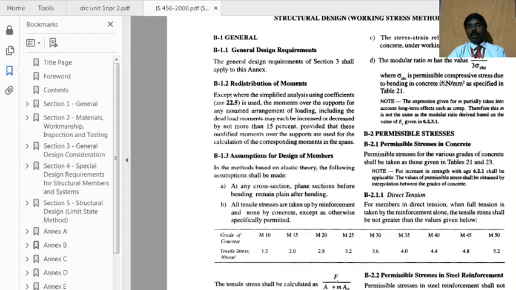In that, we have the modular ratio formula m is equal to 280 divided by 3 sigma CBC.